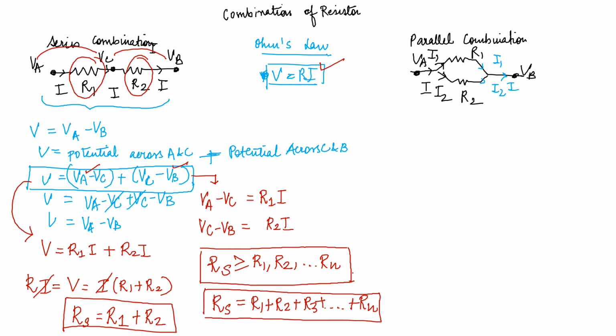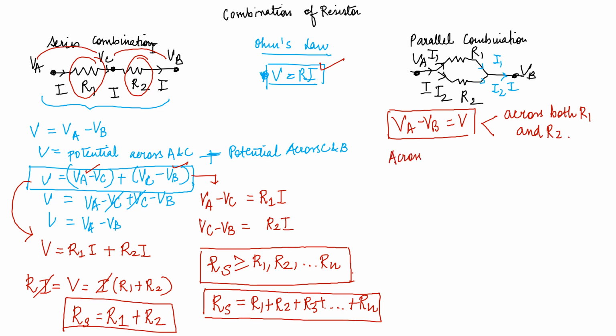Now we will go to the parallel combination. Here we can see that VA minus VB equals the potential difference, only one potential difference across both R1 and R2. Across R1 the current flowing is I1, and across R2 the current flowing is I2.